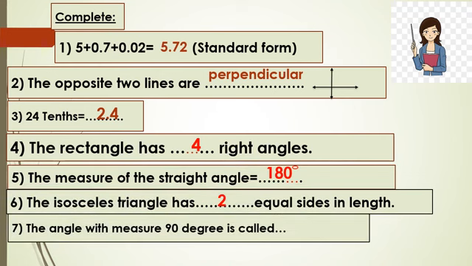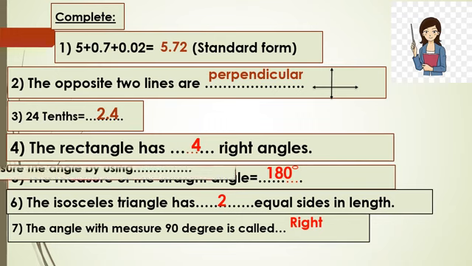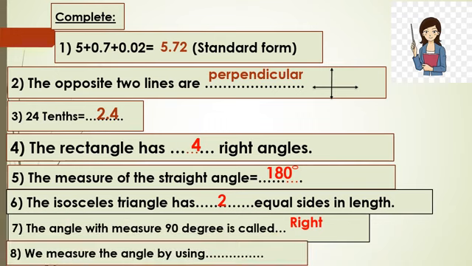The angle with measure 90 degrees is called a right angle. So we write right angle. Number 8. We measure the angle by using a protractor. So we use a protractor to measure the angle.